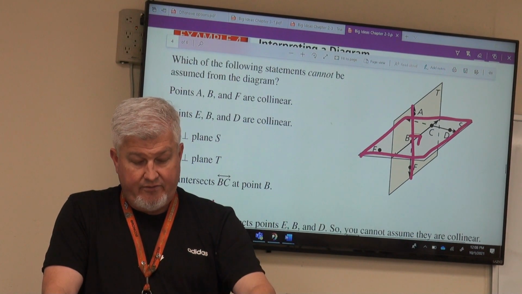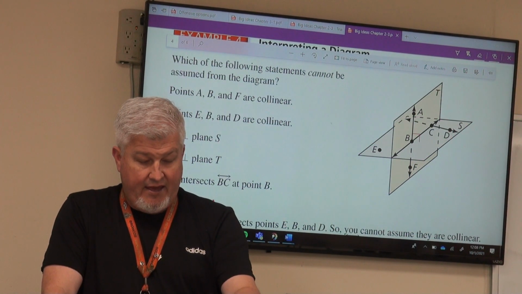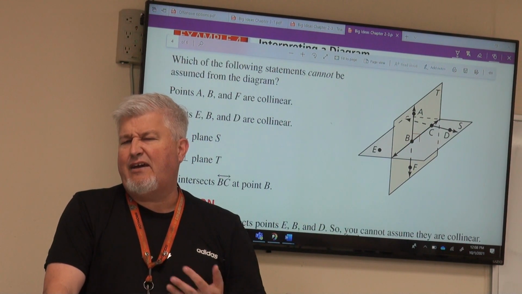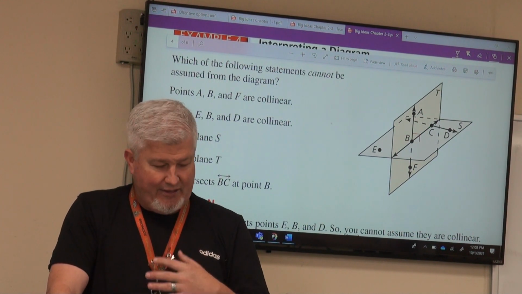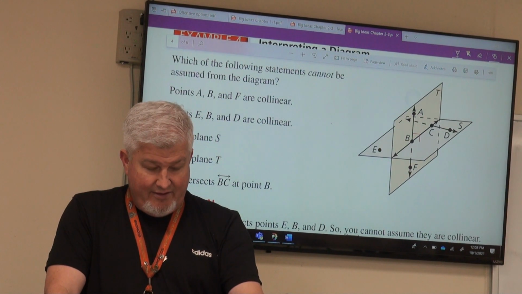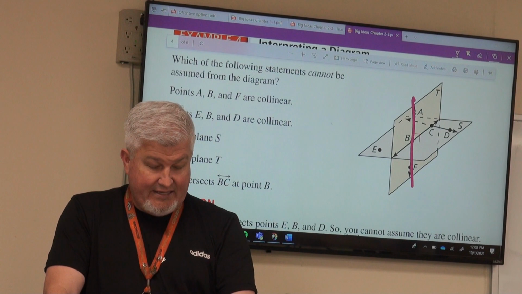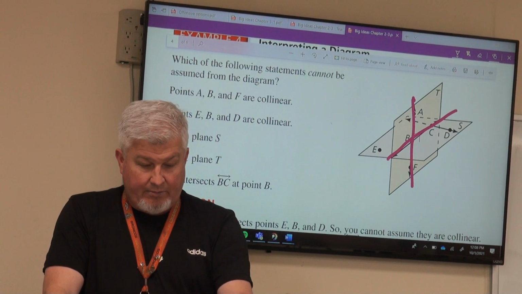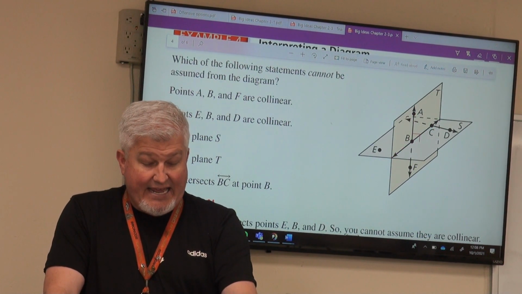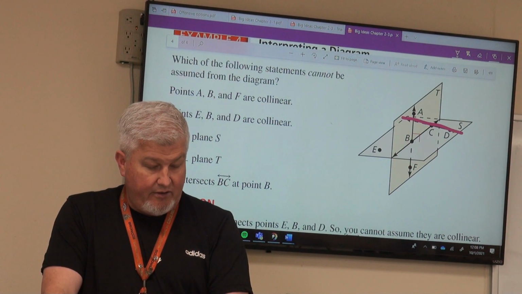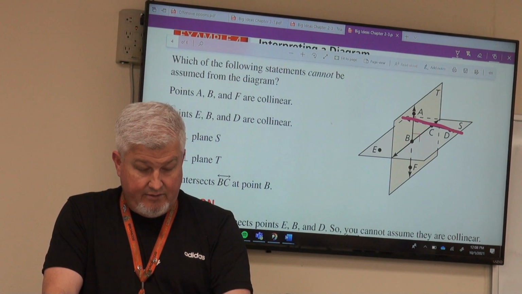Now comes the trick. Can we assume that AF, why do they have to use AF? Line AB, I'm going to use line AB. I want to be appropriate. You literally could have said FA. Oh no, I'm jumping ahead, sorry. Line CD is perpendicular to plane T. Can I assume that?